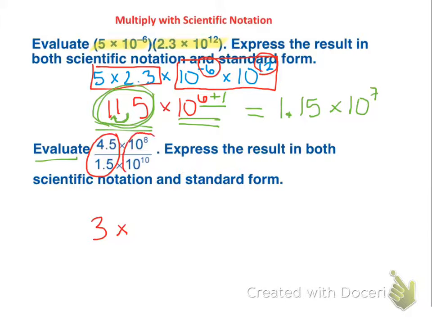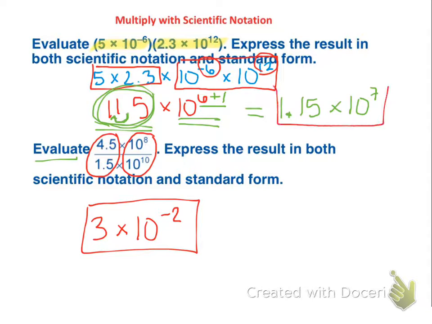And then all I have to do is, since these are the same base, I need to subtract their exponents. So 8 minus 10 is negative 2. And because we're dealing with scientific notation, negative exponents are okay. So we've got our 2 final answers there.